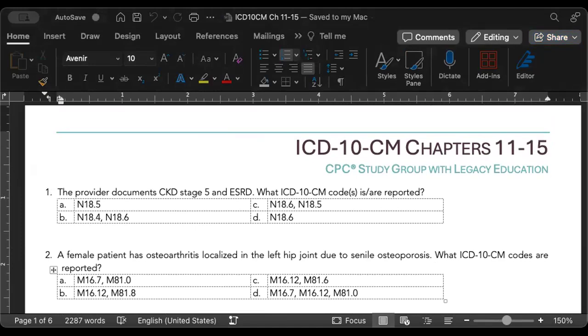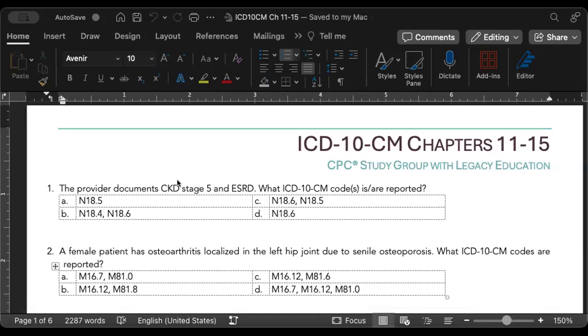We have an ICD-10 guideline that specifies if they indicate that there is a stage of chronic kidney disease as well as end-stage renal disease present, we should only code one of the two. So which one should we code based on our guidelines?